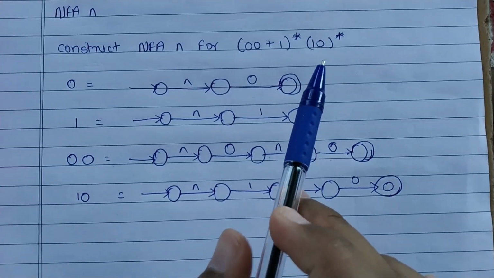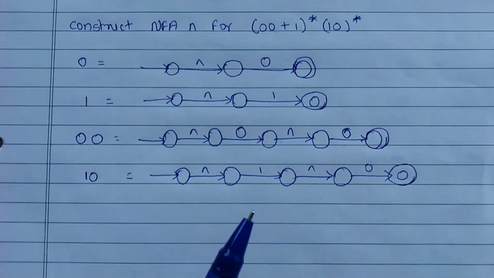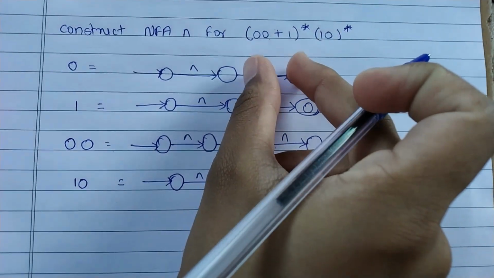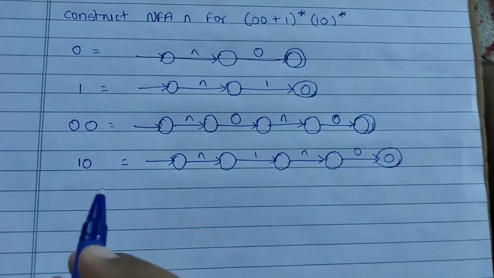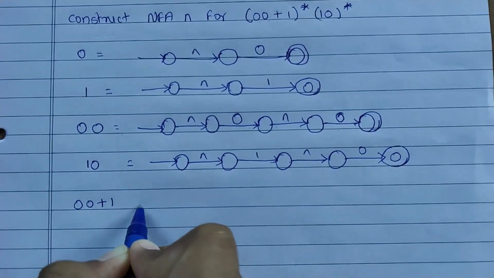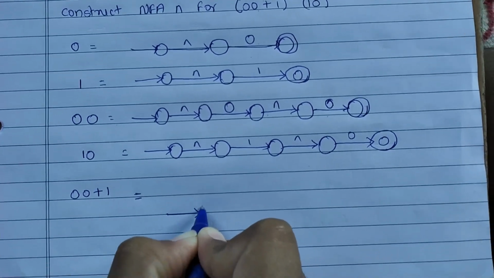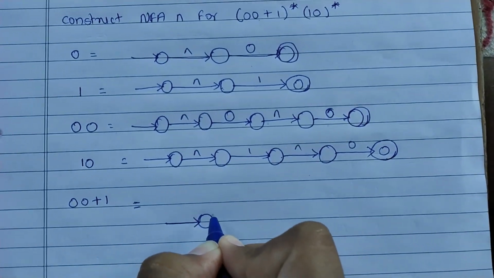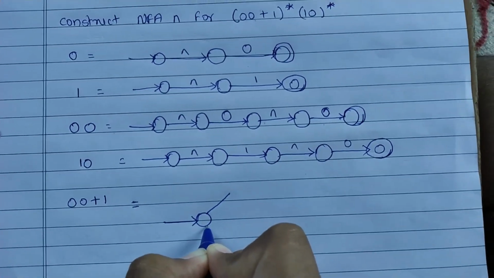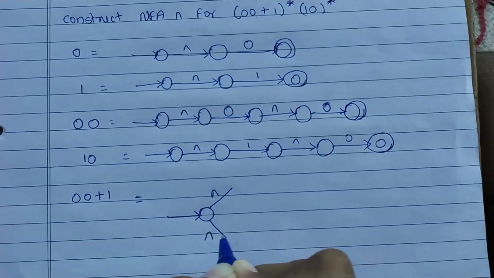Now we want to write this 0 0 plus 1. Step by step we write. So how do we write 0 0 plus 1? For that, first we put the initial state. Then here we pass two null values, one here, second here.